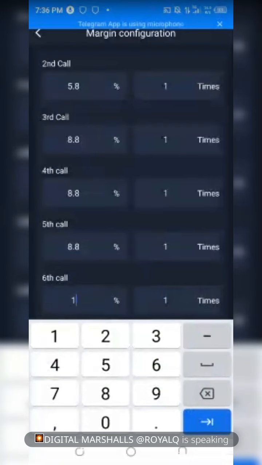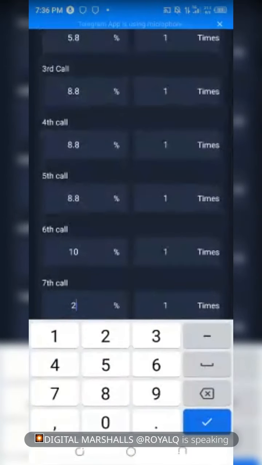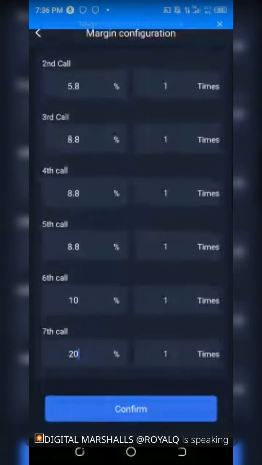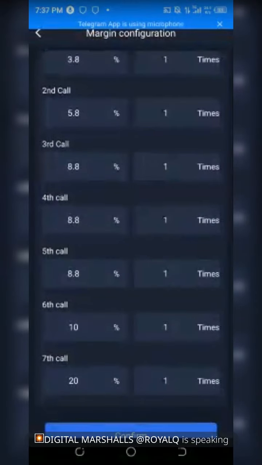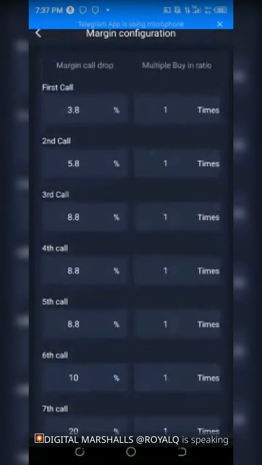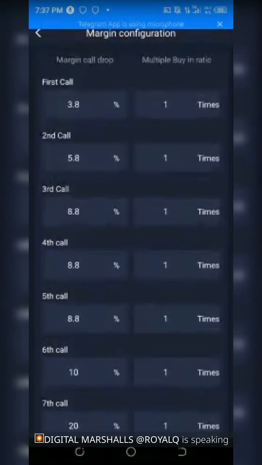The set call, I make it 10. This place, I make it this way to cater for any sudden market dip. So this is how I set my cycle trade for $160. So $160 will be able to cater for all these trades in case all the margin calls are picked.